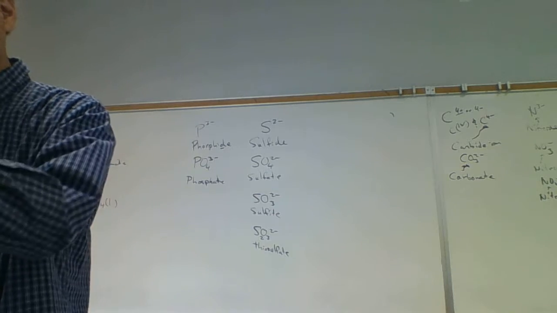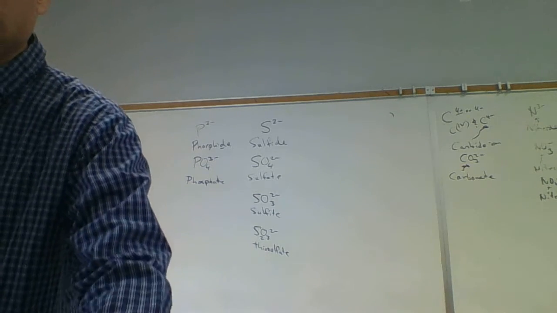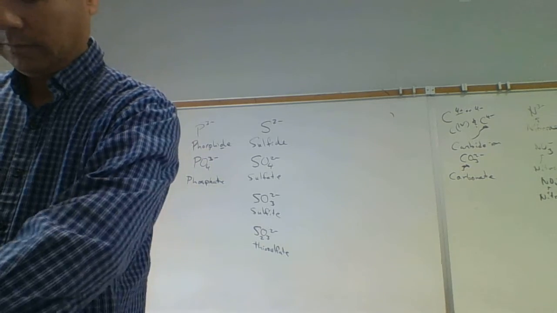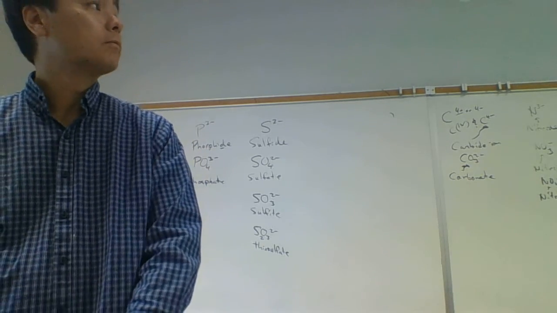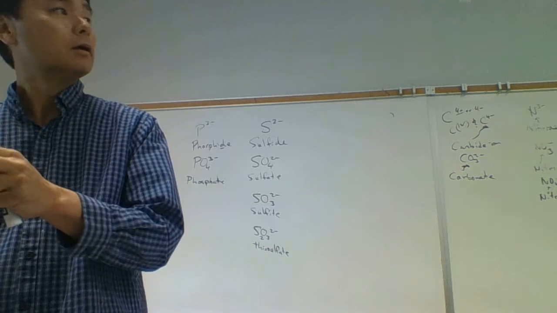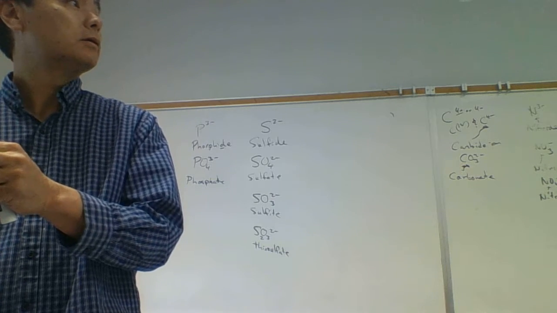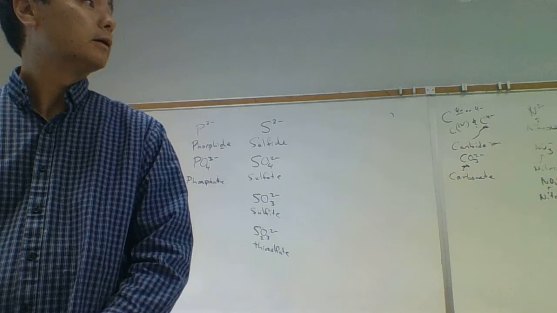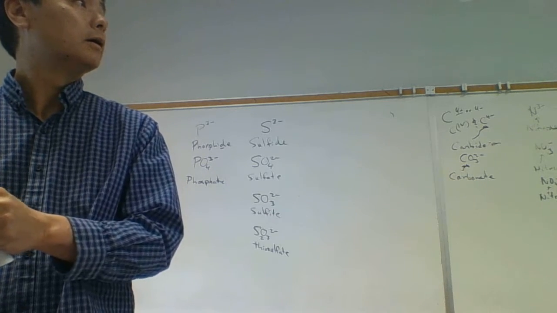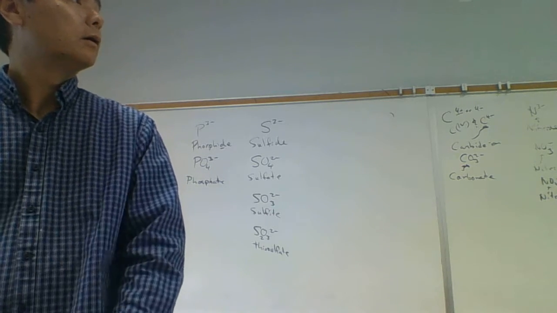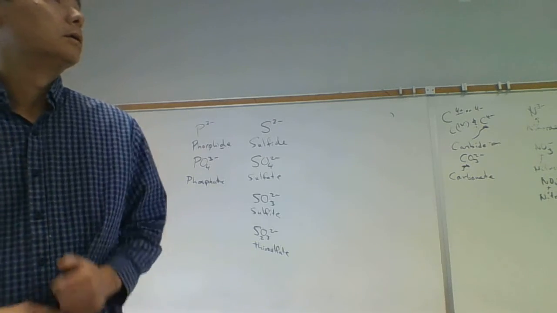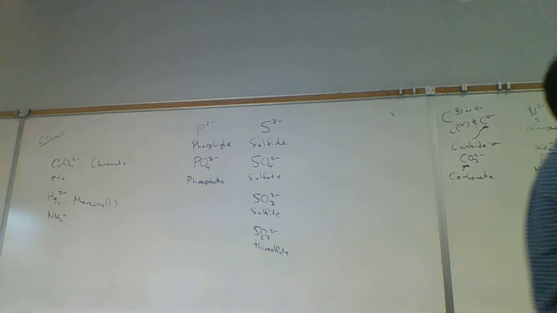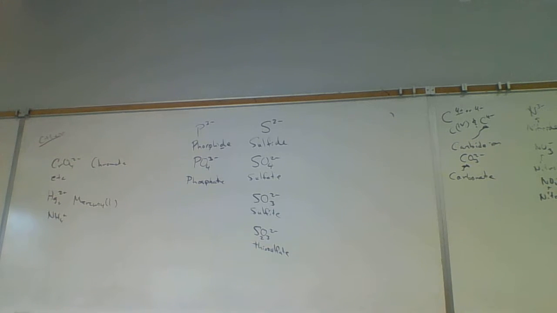That way you have the blue ones for practice. We'll go through the black ones pretty quick here. I don't know why this is black and white, but write the chemical formula of each of the following.